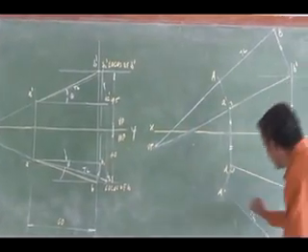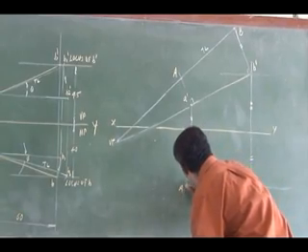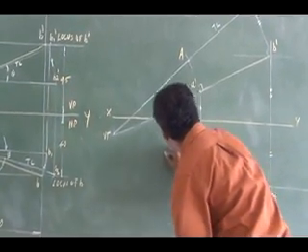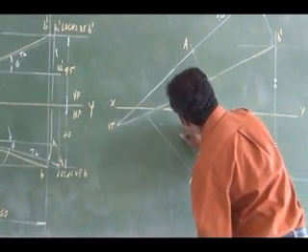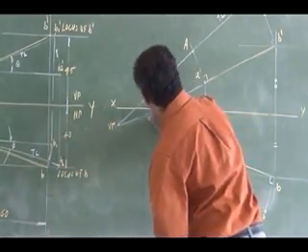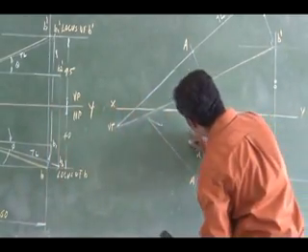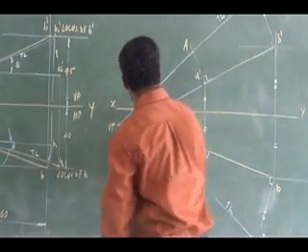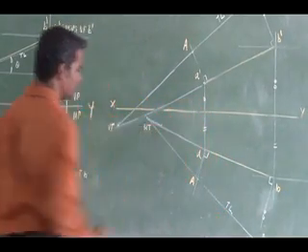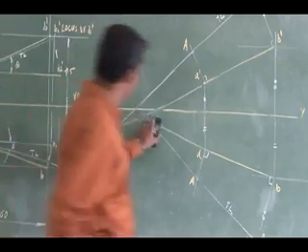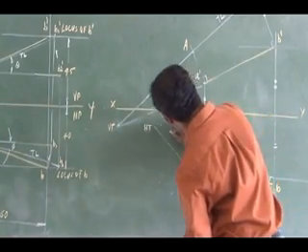Similarly, if I extend the top view in the same fashion, the top view and the original line, so I have got the horizontal trace.